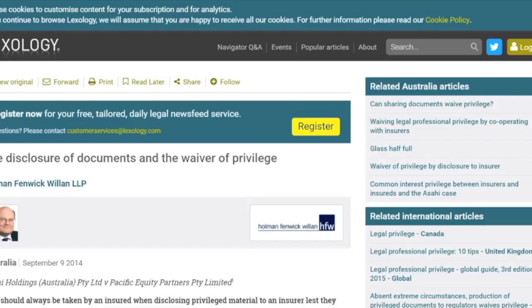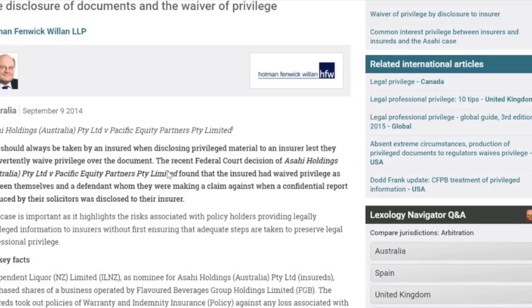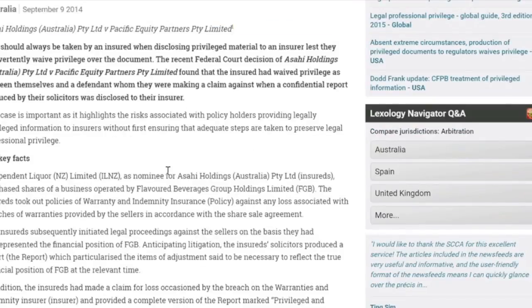So in one case, in Australia, the parties argued that information was no longer held confidential because the owner of that confidential information shared that information with their insurer in the context of litigation relating to a breach of the representations of the vendor in the case of the sale of a business.